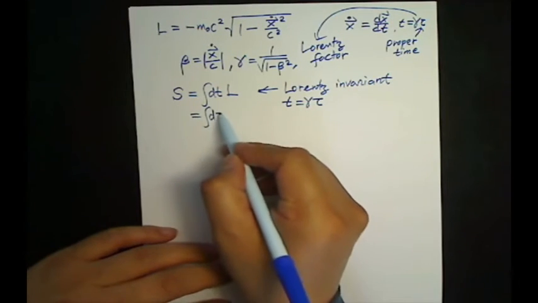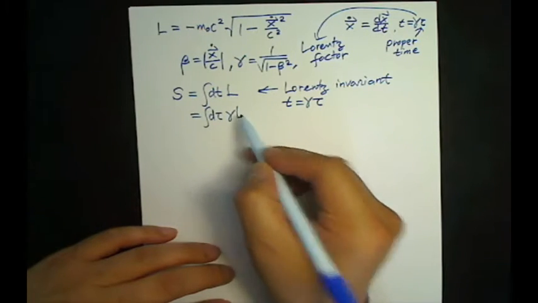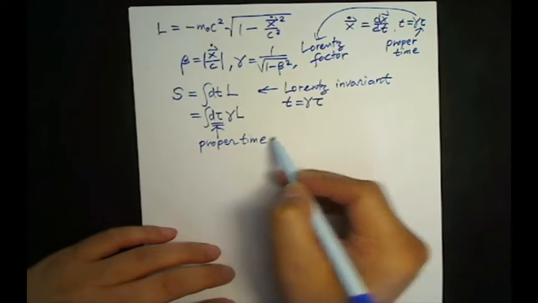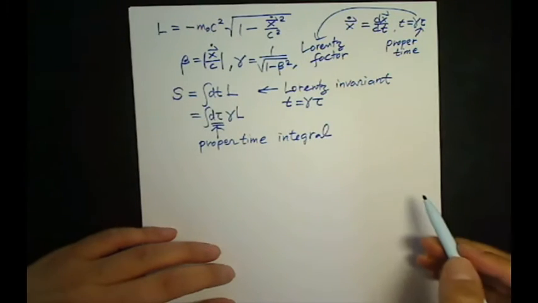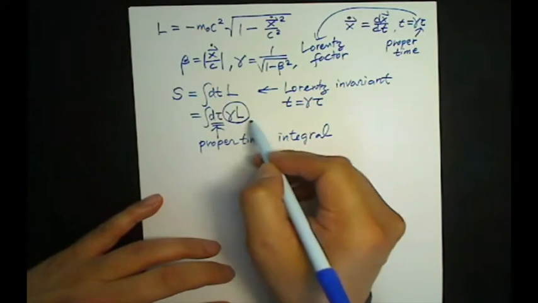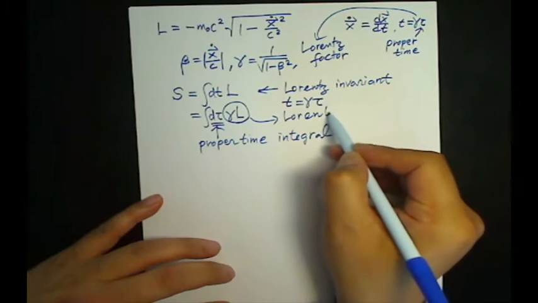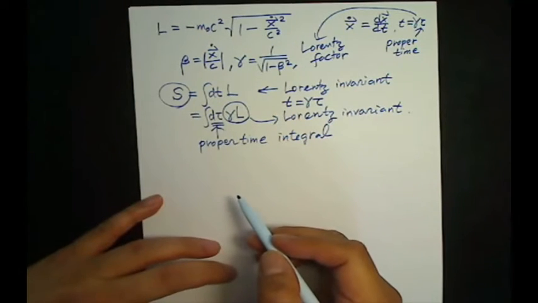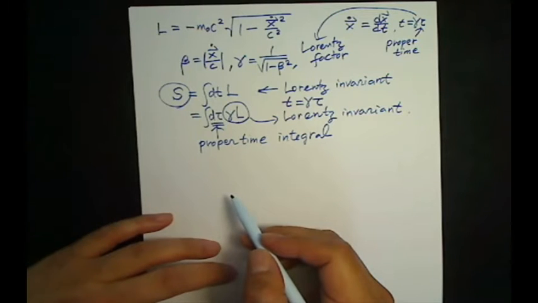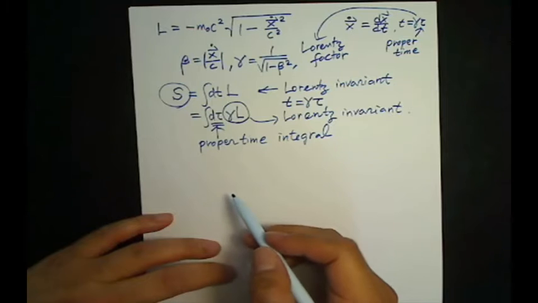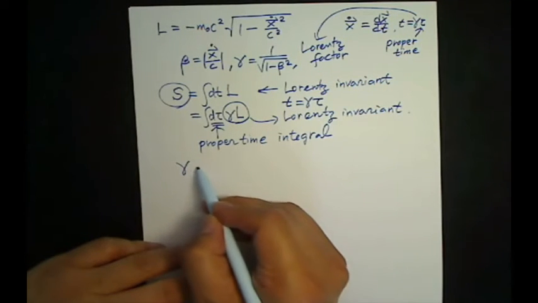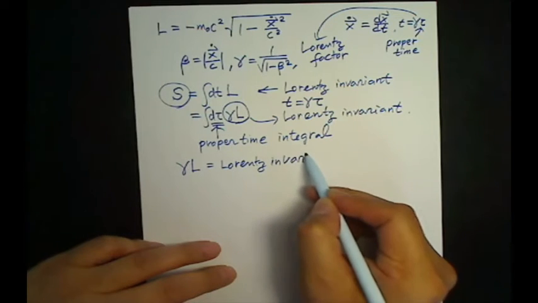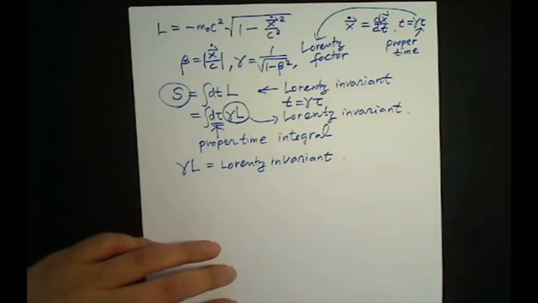Therefore, we have the proper time integral multiplied by gamma L. Because it is a proper time integral, gamma L must be Lorentz invariant in order to have our action be Lorentz invariant. So gamma L is a Lorentz invariant.